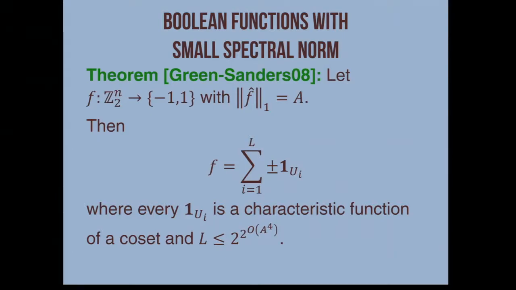You might think this doubly exponential thing is scary, but the important thing is that it doesn't depend on n. So the only way you can generate functions with constant spectral norm is to take a linear combination of constantly many indicators of subspaces. Yes, exactly equal. Coefficients are all plus or minus 1? Yes.